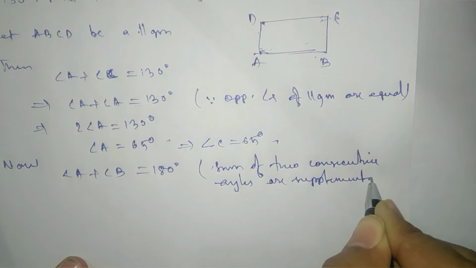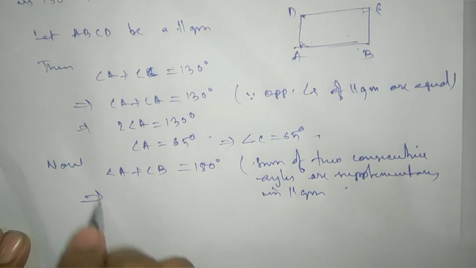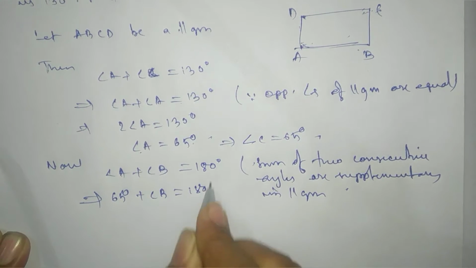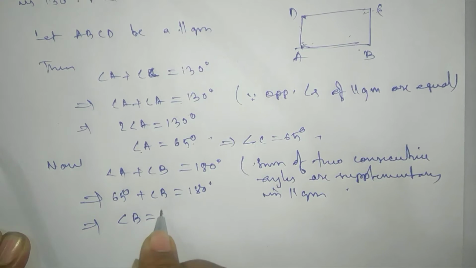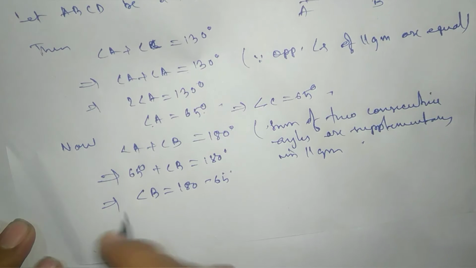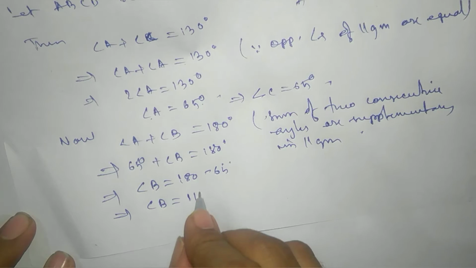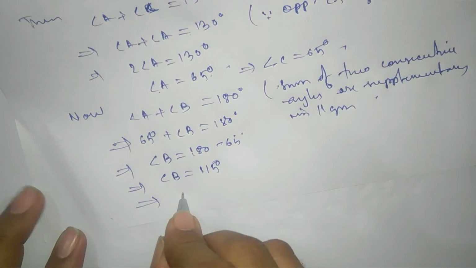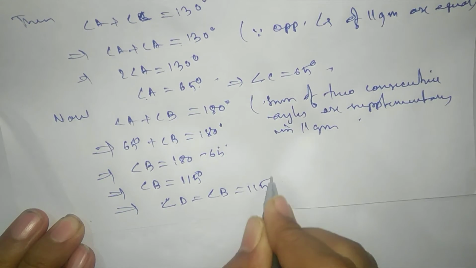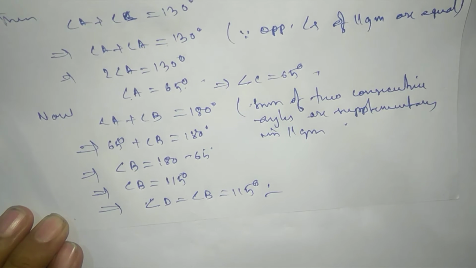Therefore, angle A is 65, this gives us angle B equals 180 minus 65, and we get angle B equals 115 degrees. This implies angle D equals angle B equals 115 degrees, as opposite angles of a parallelogram are equal. Okay, next we'll proceed.